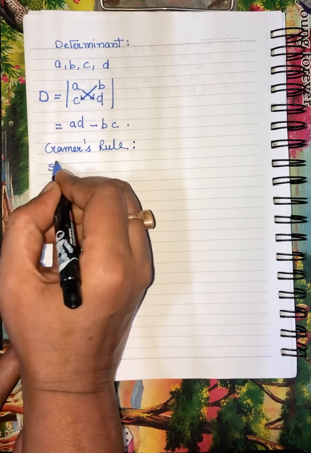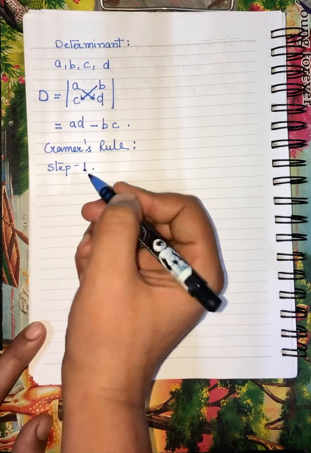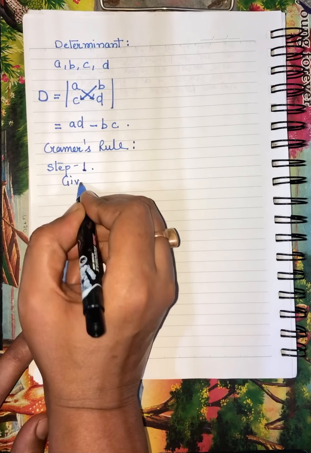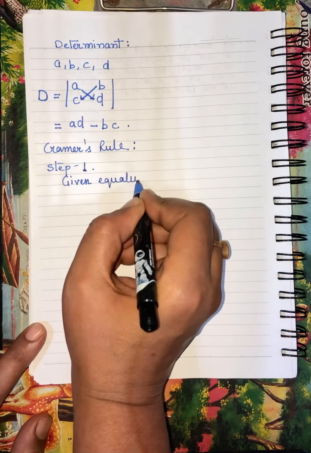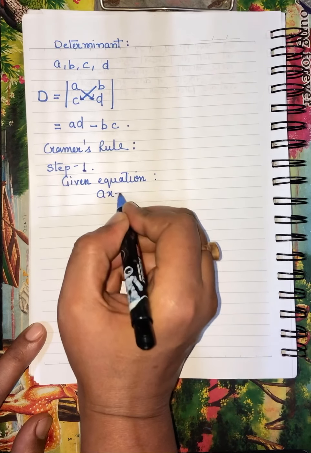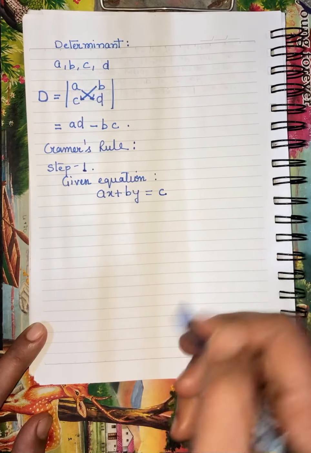The step number 1 is the given equation has to be written in the form of ax plus by is equal to c.